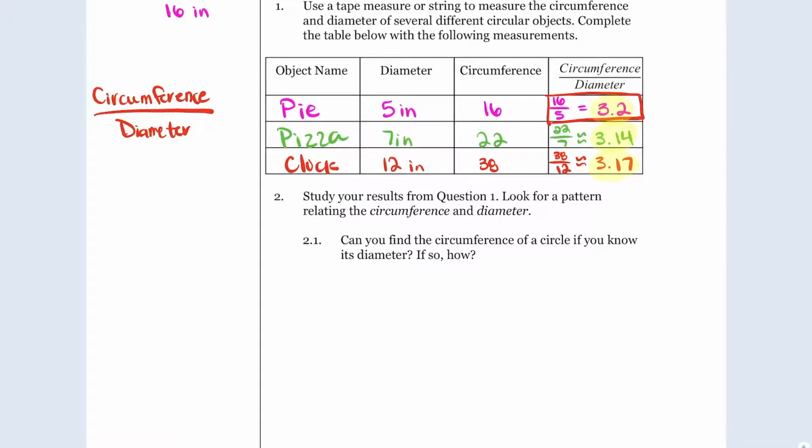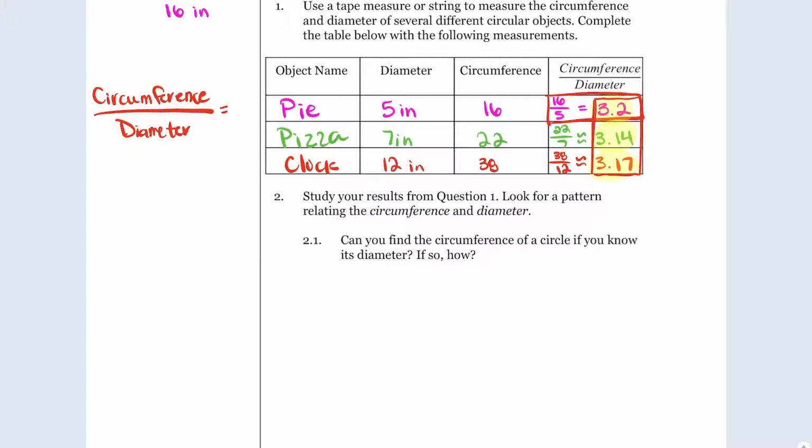Now, think about this for a second. These numbers over here that I'm boxing right now, 3.2, 3.14, 3.17, they are all really close to a very special number in math. There's even a holiday for it. Take a second, think about it. Please tell me you thought of pi.